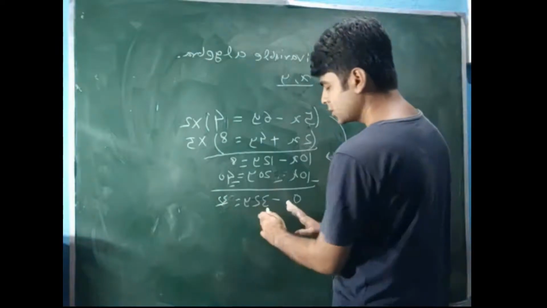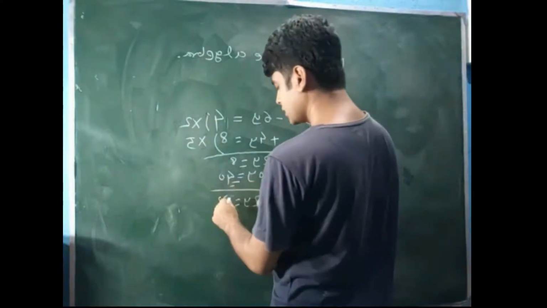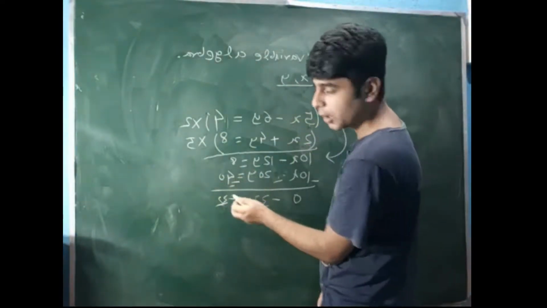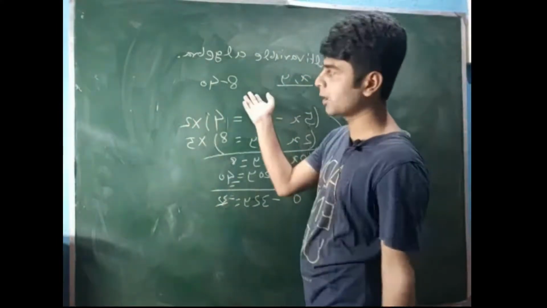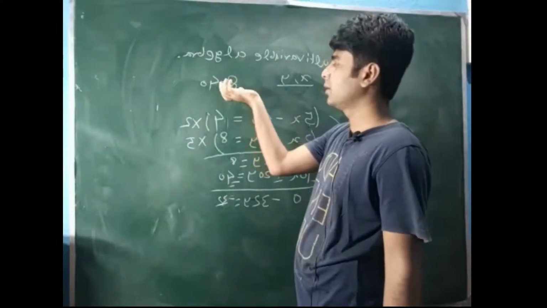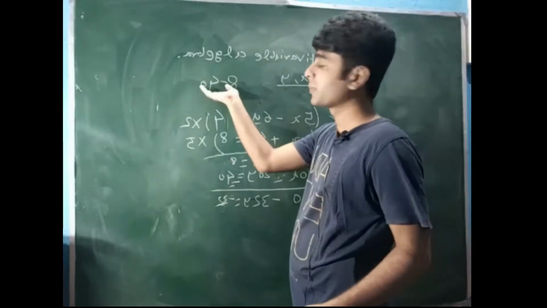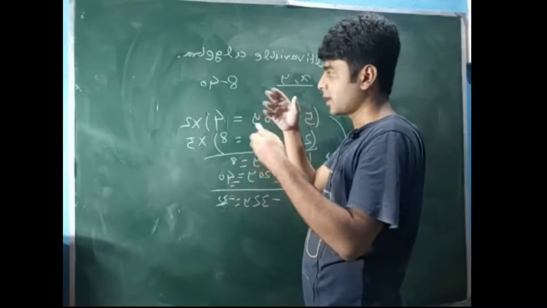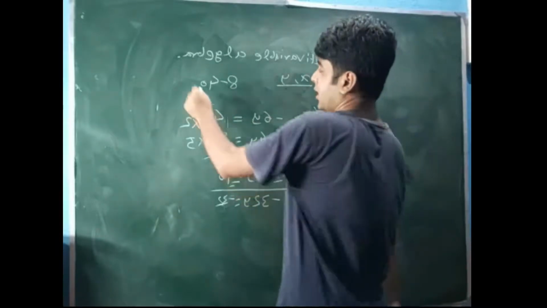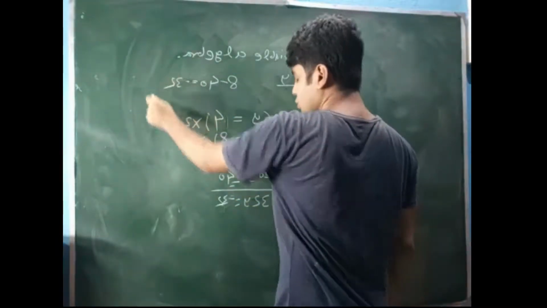So minus 32y equals minus 32, because 8 minus 40, you have to remember that 8 minus 40, the bigger number is being subtracted from the smaller number, so you will get a negative value. That's why it's minus 32.